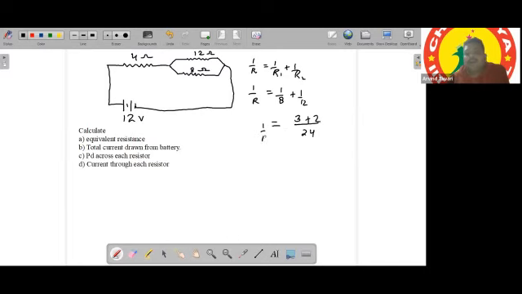So 1 by R we get as 5 by 24. Then we take this just as R only. This is not R. This is 1 by R. You need to convert it. To convert it, you need to reciprocate it. So in the reciprocal, the parallel combination, you will get this as 4.8 ohm.